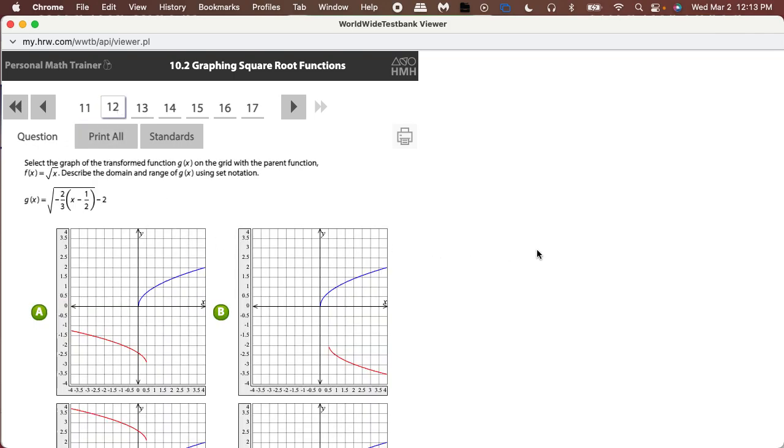Okay, so here we are. We've got a horizontal stretch again, but we also have a reflection across the y because that's negative multiplier. Flip the fraction, what is it, 3/2, and then reflect across y.